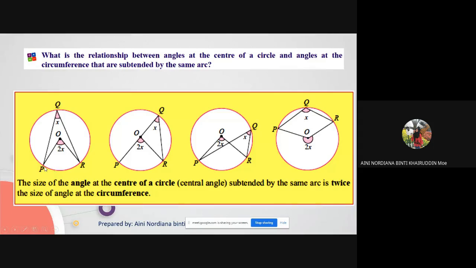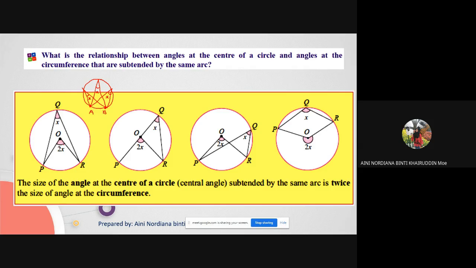Yesterday you have learned that if you have a circle and an arc, let's say AB, the angles at the circumference have equal size. If here X, here also X, here also X.